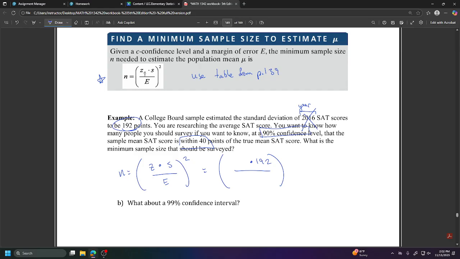It's the within the 40. I'm going to square the whole thing. And this is the thing that I need to find from the table. So I'm going to remind you here, confidence level of 90% gives me a z of 1.645. So that's what I'm going to just toss in there. That's what it was from the table. And then I'm going to do some math with this.